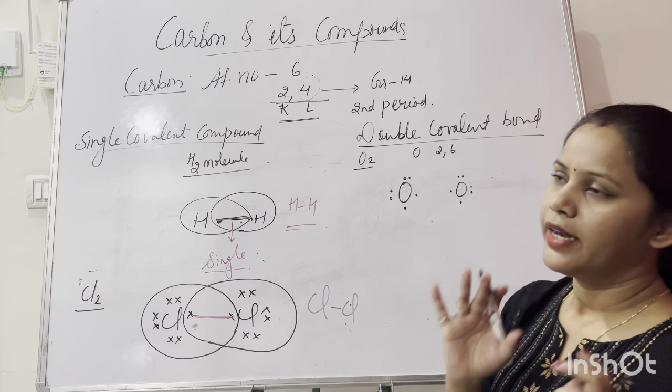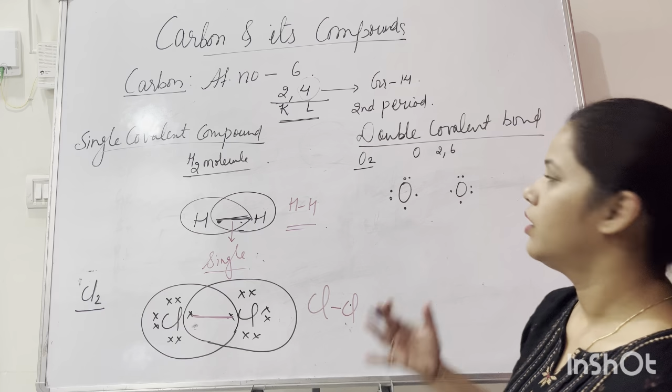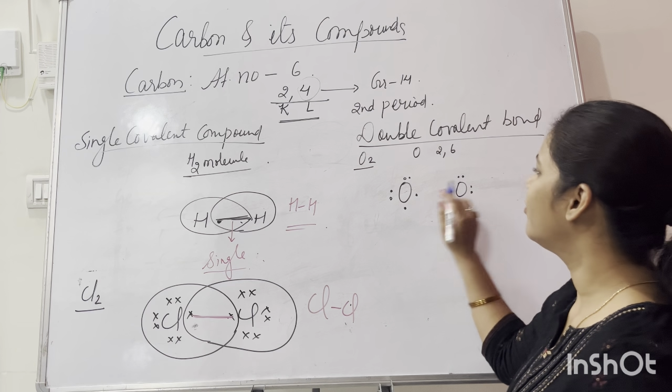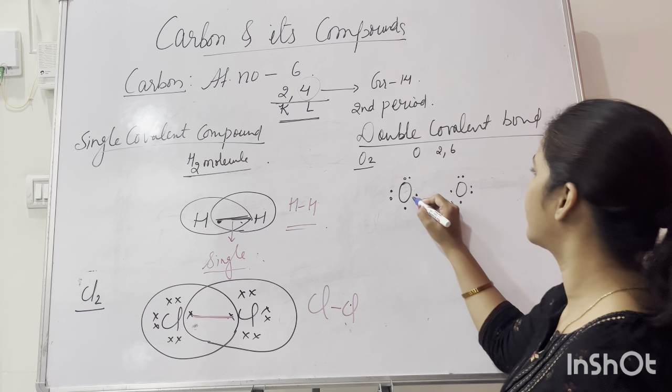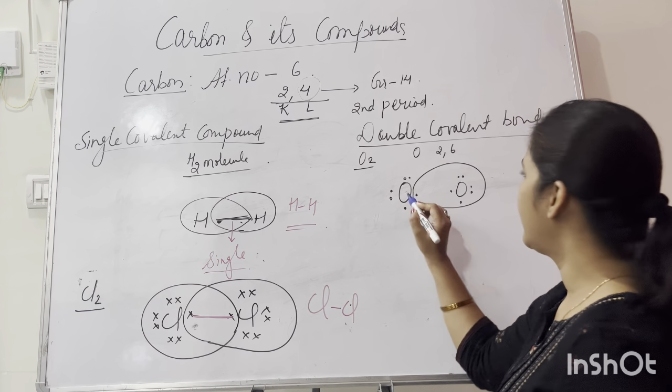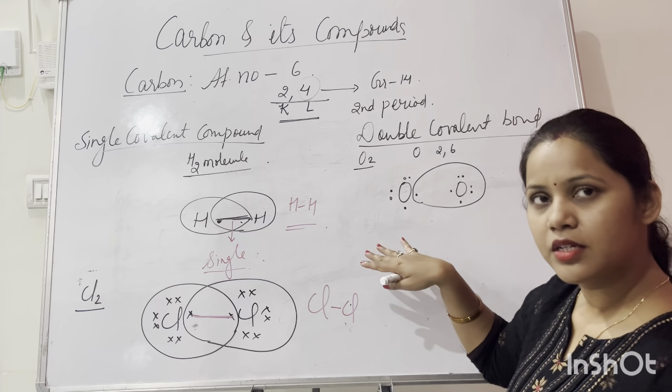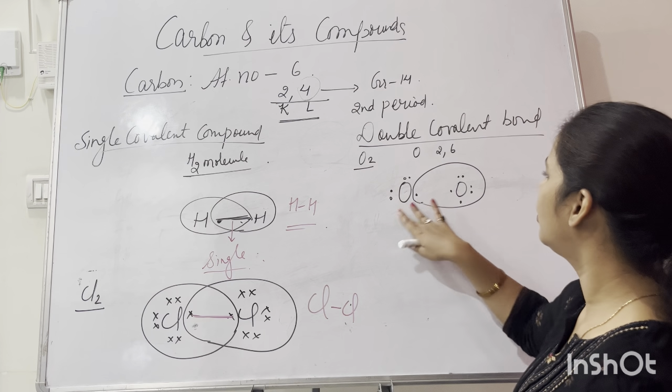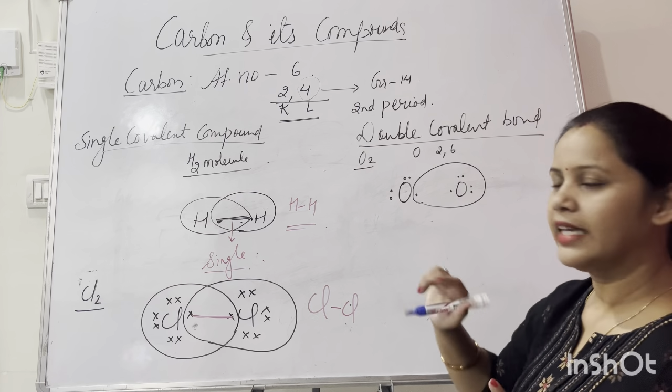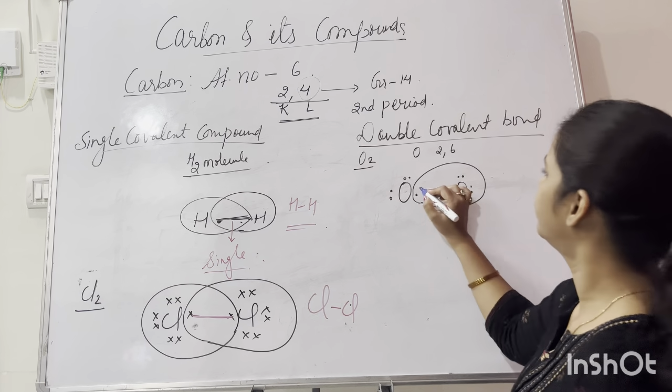Now, in order to complete the octet, suppose it is going to share only one electron. एक इलेक्ट्रॉन शेयर कर रहा है, अगर ये एक इलेक्ट्रॉन शेयर करेगा तो क्या इसका ऑक्टेट कंप्लीट होगा? नहीं होगा. That is why oxygen is sharing 2 electrons with each other. ठीक है? 2, 4, 6, 8 complete.